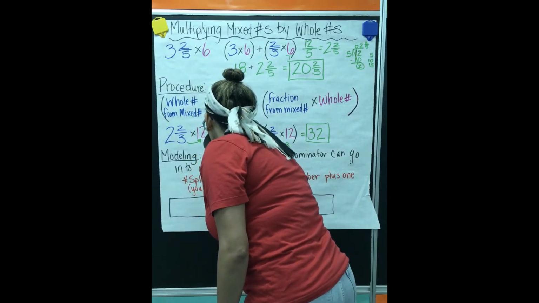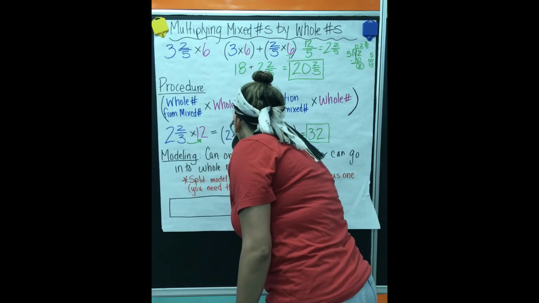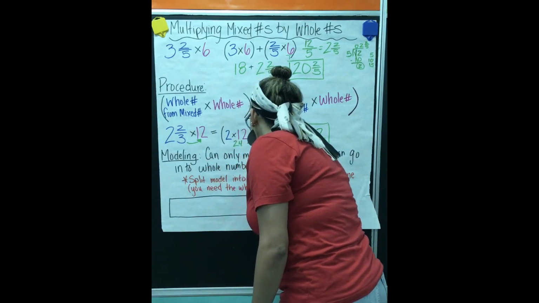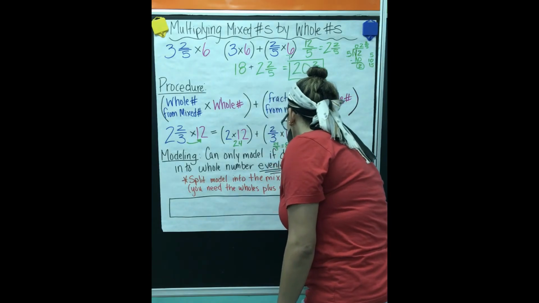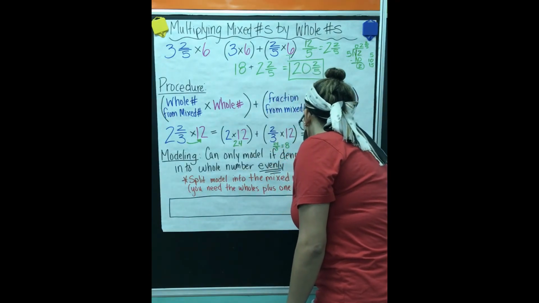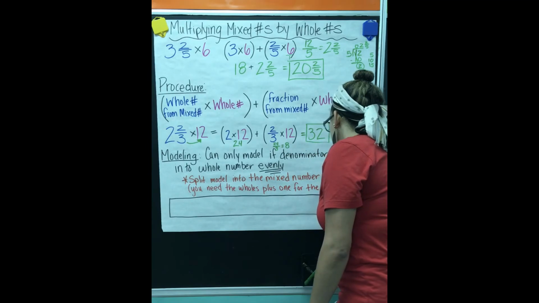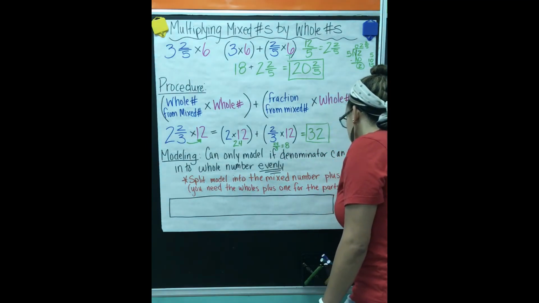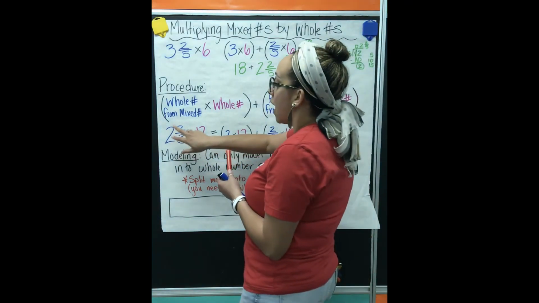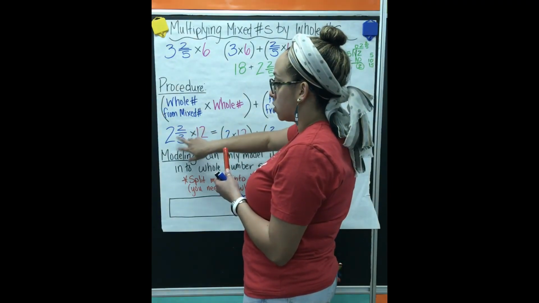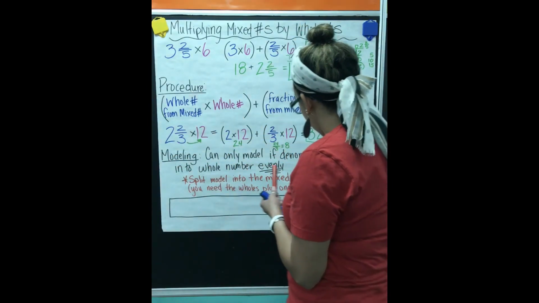The reason we do this is because we need pieces for the wholes plus 1 for the parts. So we need enough pieces for the wholes that we're going to have, and we need one more piece for the parts. So we're going to have 2 wholes, and then parts of a whole. So we need 3 pieces in our model.